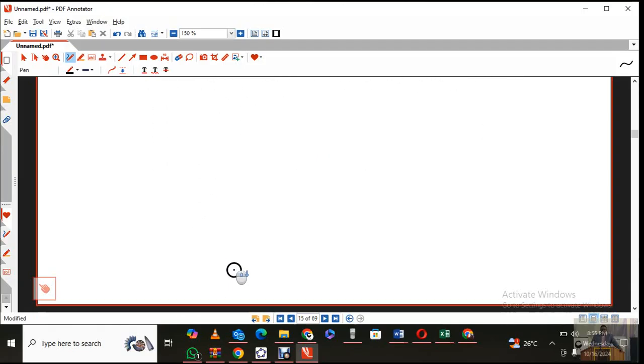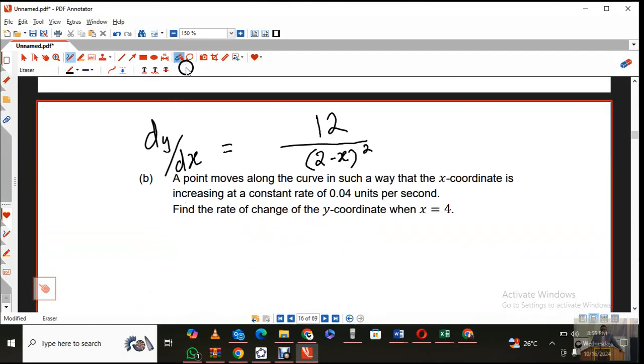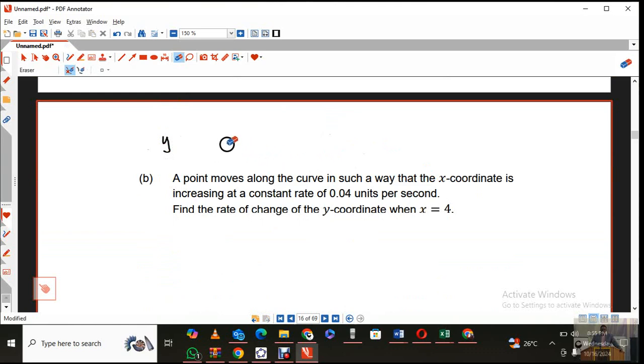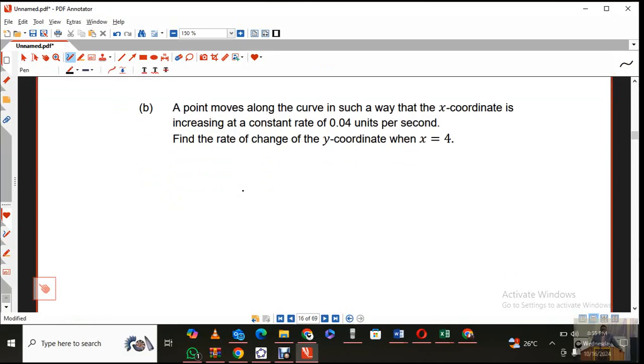Now let's go to part B of the question. You have the luxury of rewinding the video, if I have to say so. Now they say a point moves along the curve in such a way that the x-coordinate is increasing at a constant rate of meters per second, whatever the unit is.